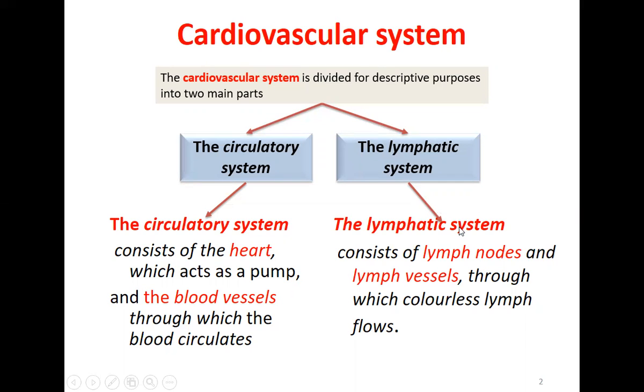When we study this, you will understand it is part of the cardiovascular system, because the fluid which is passing through is not blood, it is colorless lymph. This colorless lymph is nothing but the tissue fluid, which comes from the plasma of the blood itself, and it passes through a separate channel called the lymphatic system.